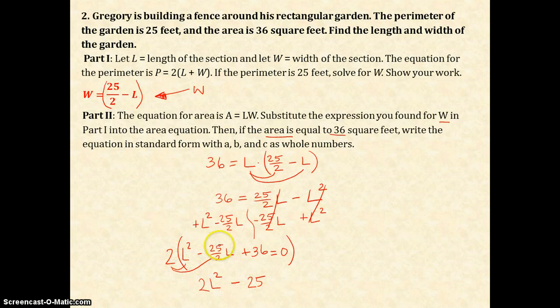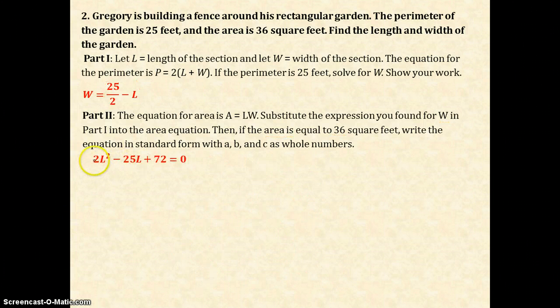Right? 2 times 25 is 50, 50 divided by 2 is 25. And then 2 times 36 is plus 72 equals 0.